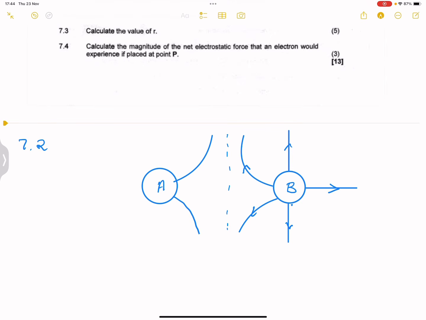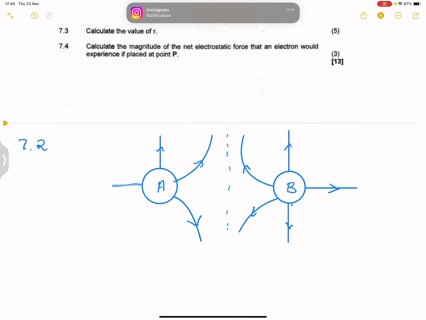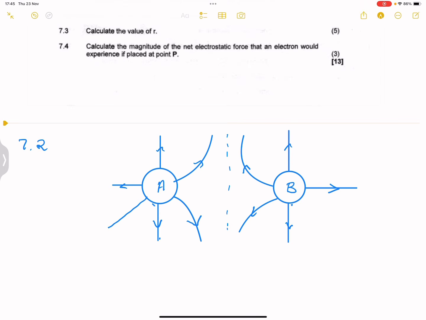All right, so that is what it would look like. I'm just trying to draw a proper one there. If you want to, you can just add in some more lines there.